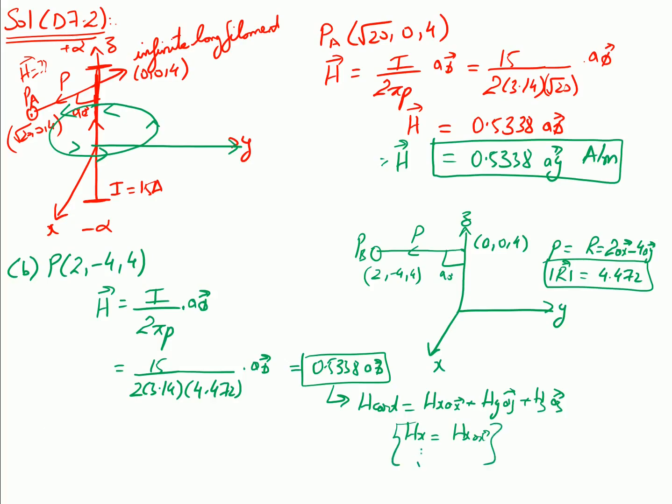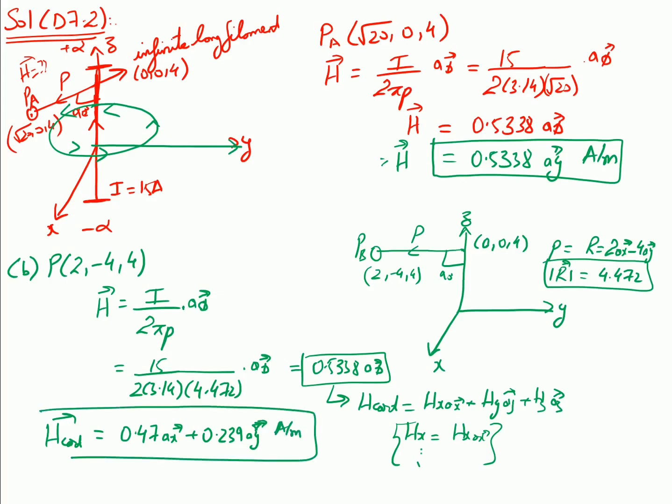Once you do this, the Cartesian output, I'm going to write it here for you, you can try. The solution comes out to be 4.7 along a_x plus 0.239 along a_y amperes per meter. This is the solution transformed from the cylindrical coordinates to the Cartesian coordinate system.